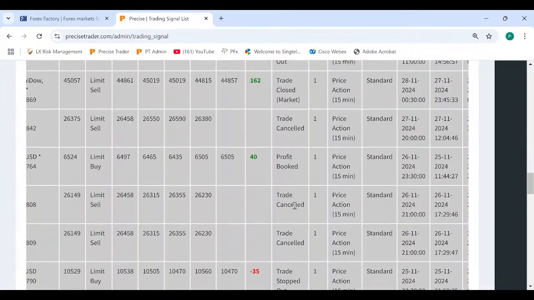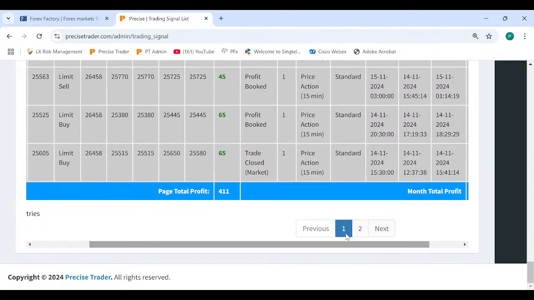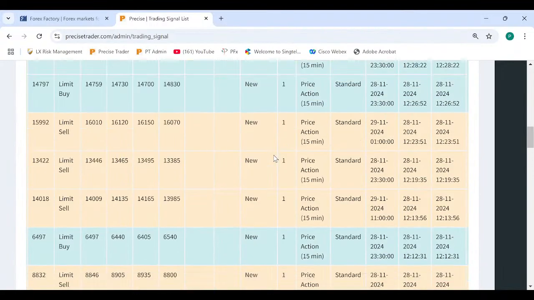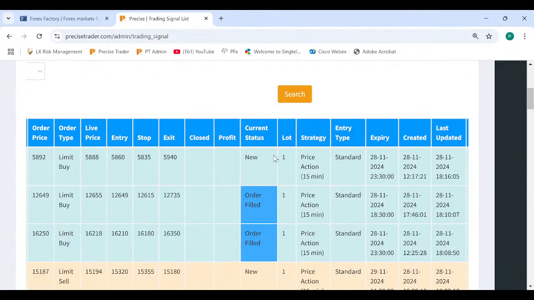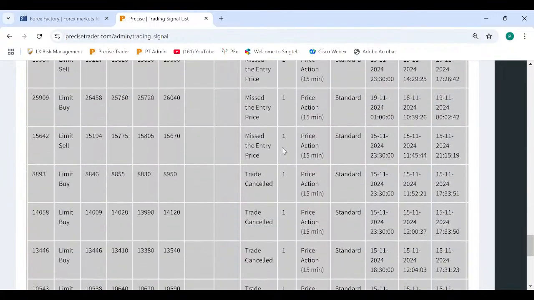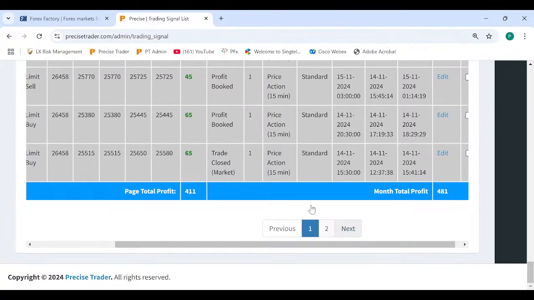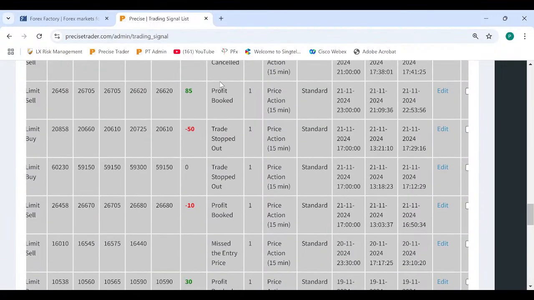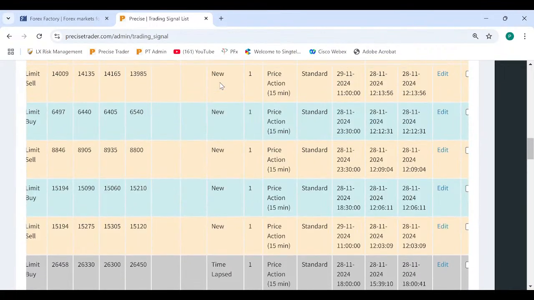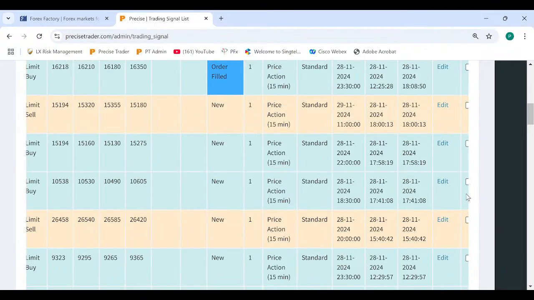Because the screen just blew up, that's the reason why I have to do this. Okay, the euro dollar buying, we try to give another 1 hour more. Okay, where is that order? Yeah, this one.